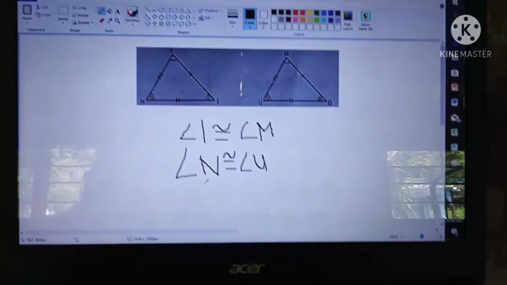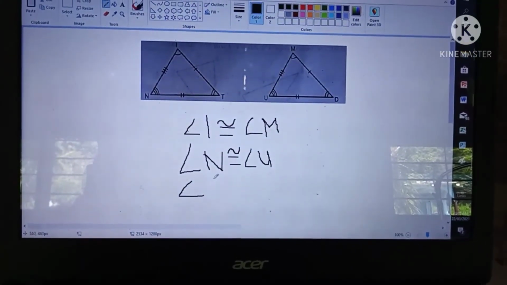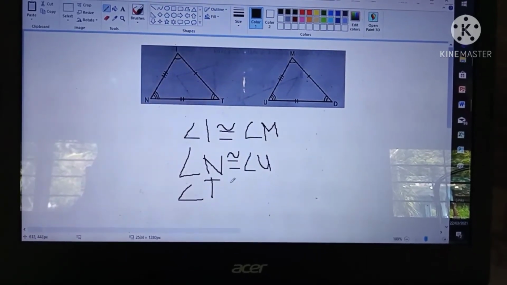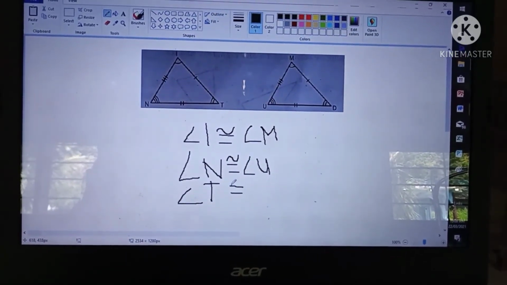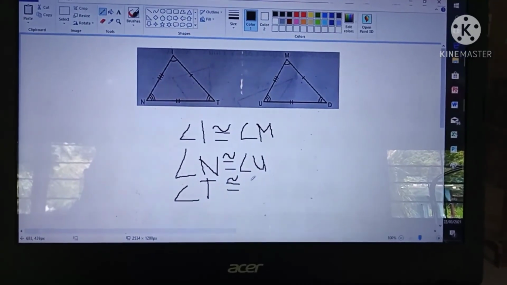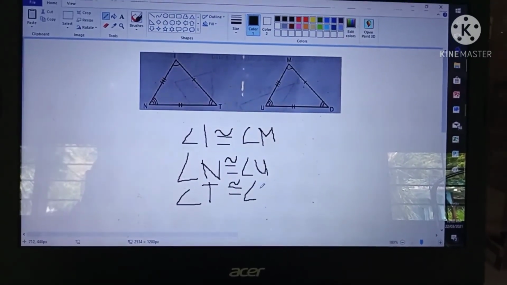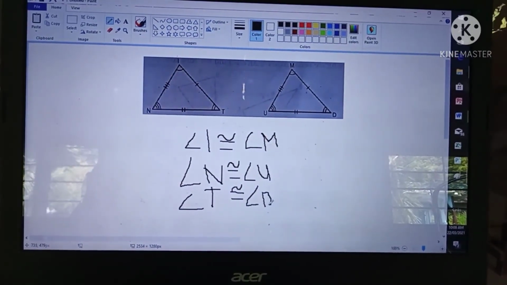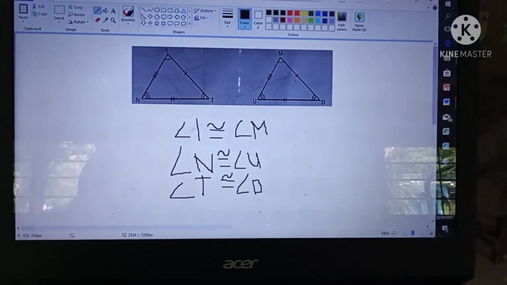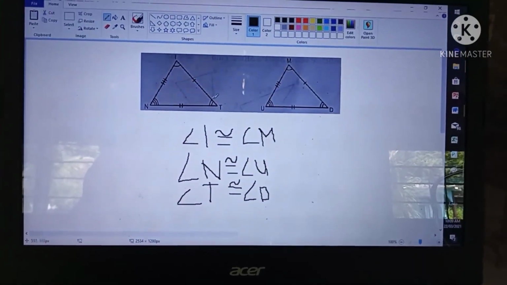Next is angle T is congruent to angle D. So that's all the congruent angles.